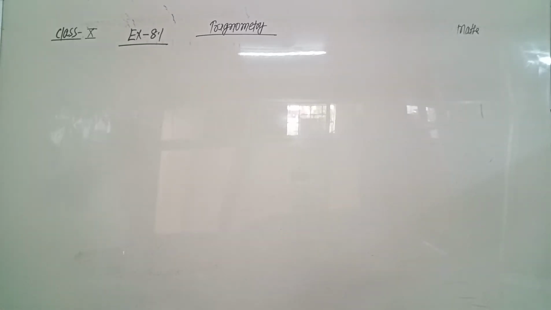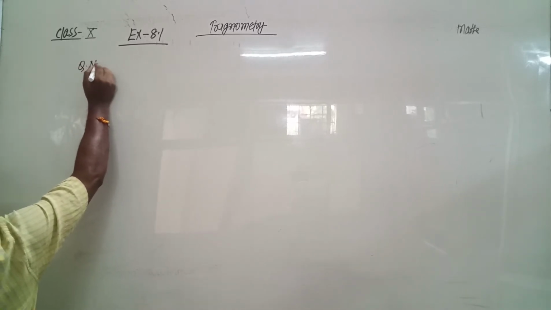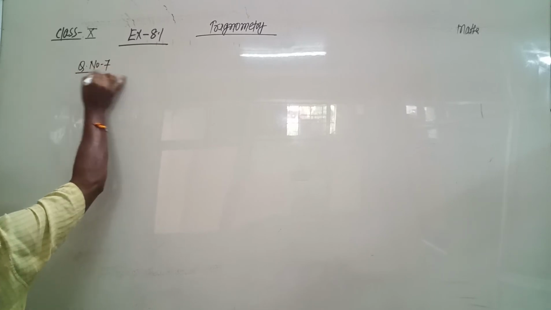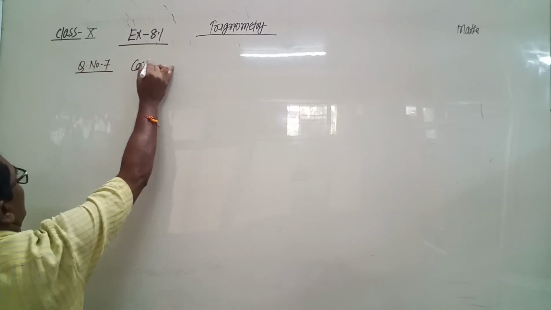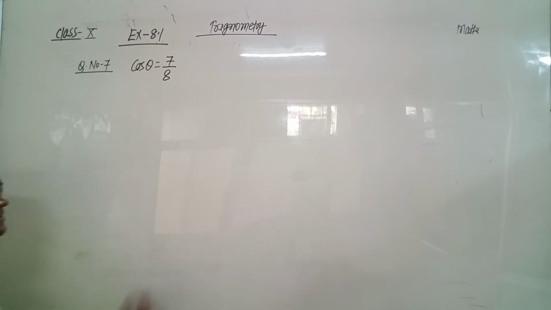Now we discuss question number 7. Cos theta equals 7 by 8.